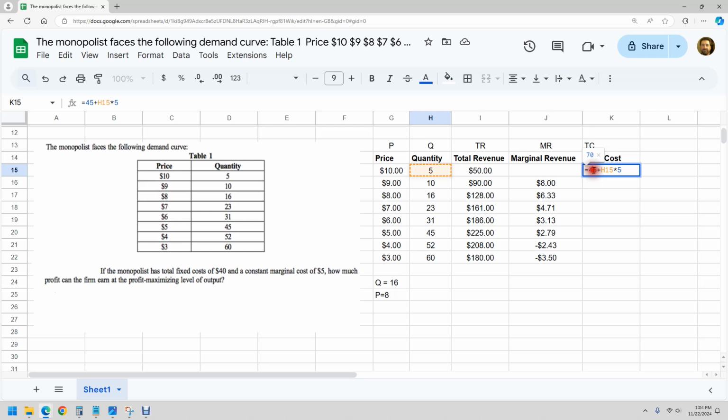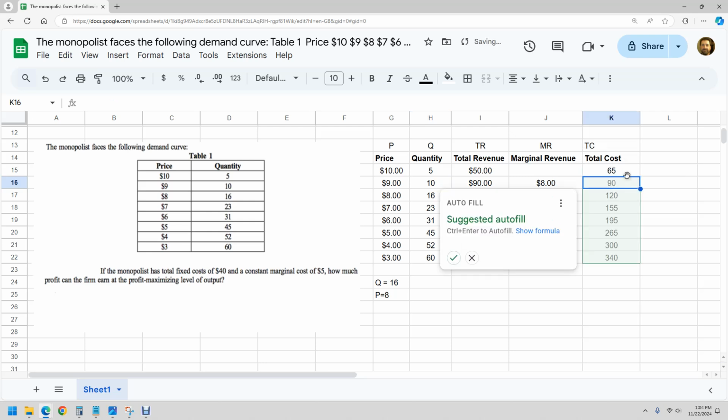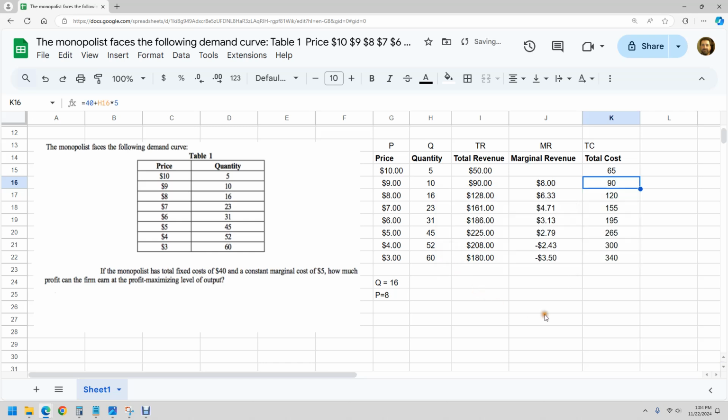I made a mistake there. $40 is the fixed cost, and then each additional unit that we produce costs us $5 each. So those are our variable costs. The total cost of producing 5 units would be 65, because we're producing 5 units at $5 each and then adding that to 40. It sees what I'm doing, so I can trust it there. So that's our total cost.